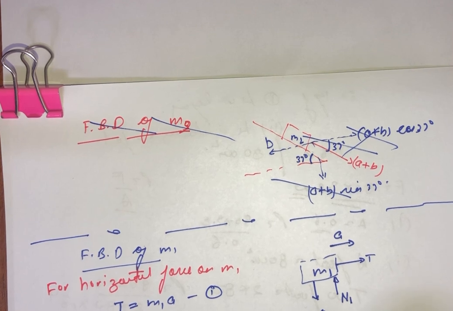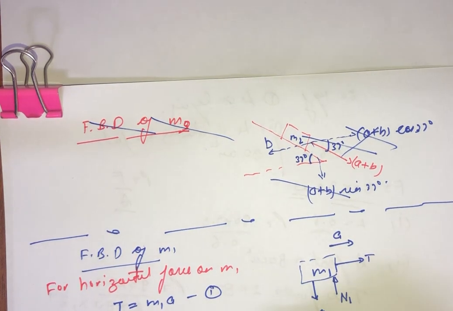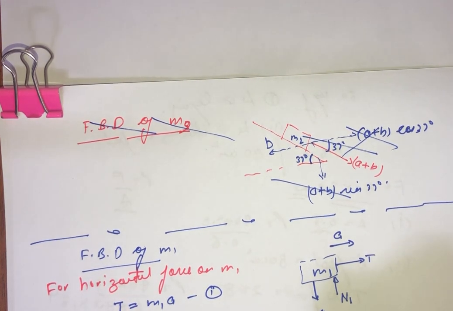Angle is given as 37 degree. So we can divide this tension in two parts. This will be called as T cos of 37 degree, and we get this as T sine of 37 degree.